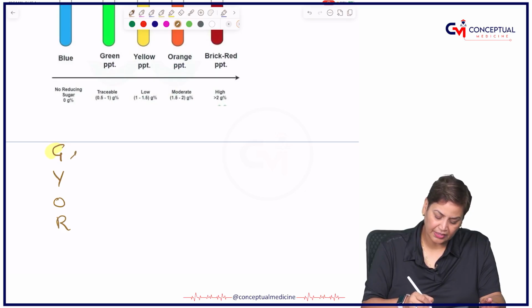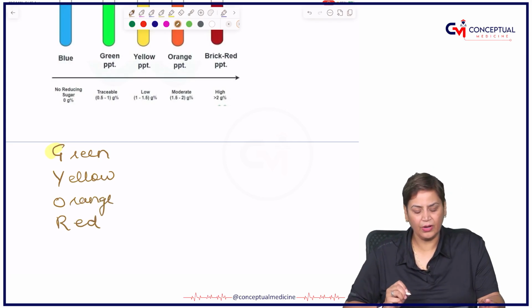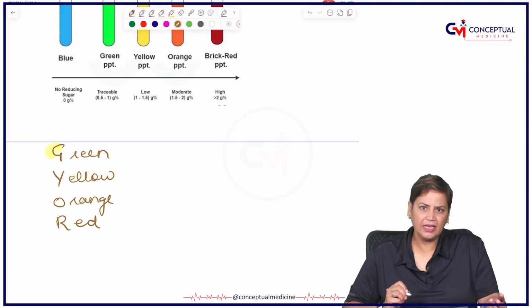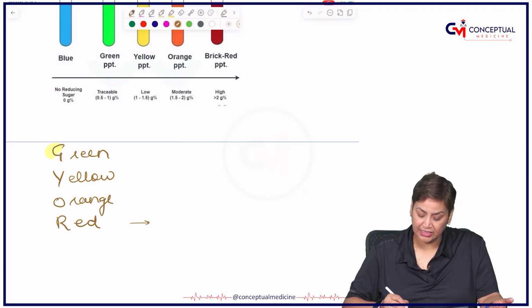G stands for green, Y stands for yellow, O stands for orange, and R stands for red. Okay, so if we are adding Benedict's reagent to a sample of urine and if we heat it, if the coloration is red, we can say that the amount of sugar is more than 2%.